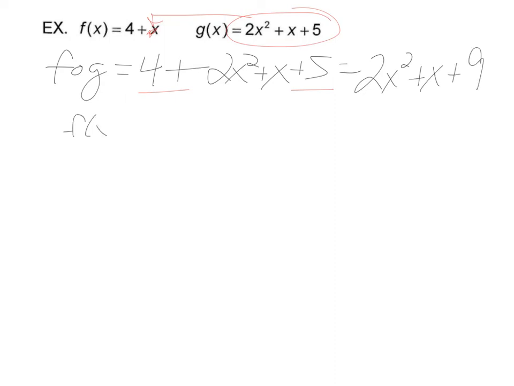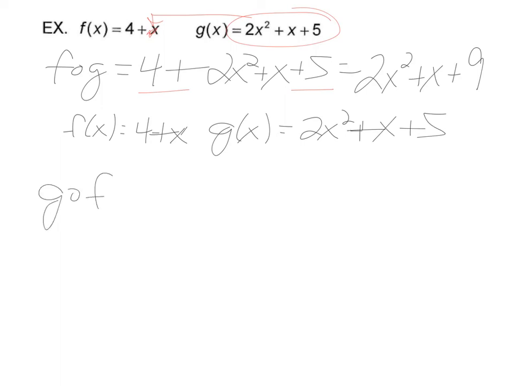Now let's look again at how the original functions were. And we're going to do g of f. The one on the right plugs into the one on the left. Now there's more than one x here. So every time I see an x, I'm going to have to replace it with 4 plus x.